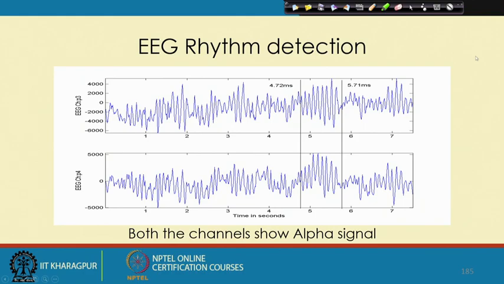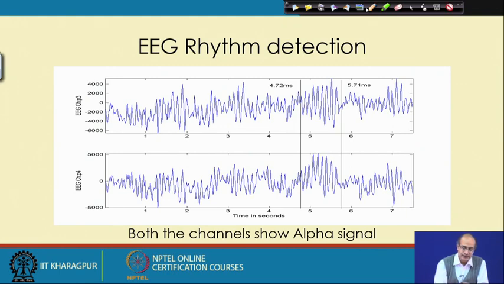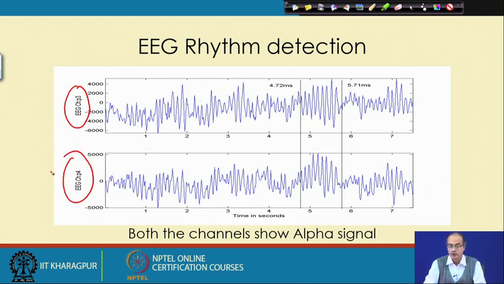Now, let us take another case, where we take signals from two channels. One is from channel 3 and the other from channel 4, and they are simultaneous recordings.